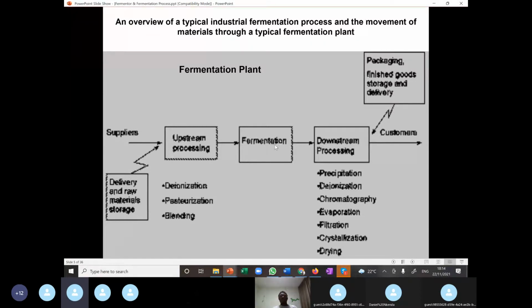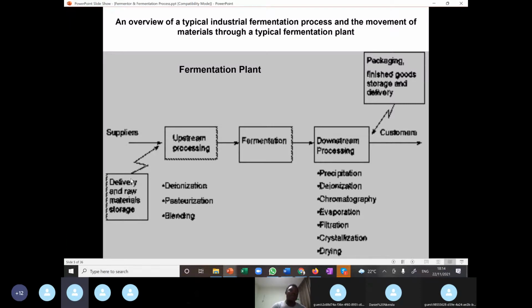But before fermentation, a lot of activities are going on. The first one is what we call supplies and inbound logistics. So we are looking at things that we have to do before we begin the fermentation process.